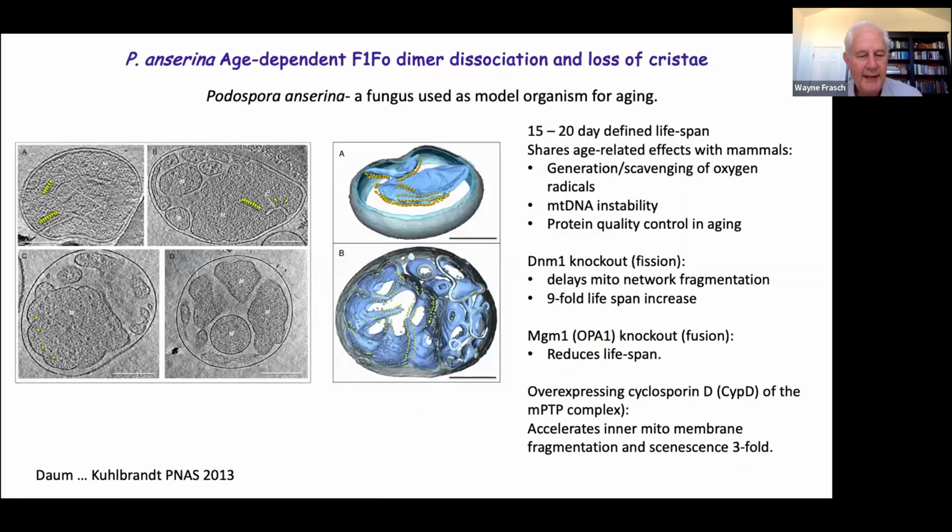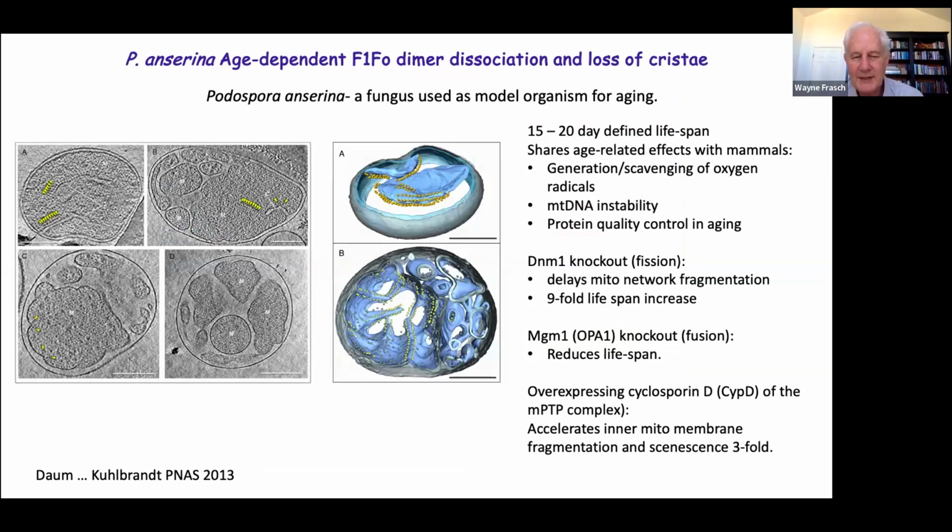All right, so now let me go back to Werner Kulbrandt and his aging related studies by looking at the three-dimensional structure of mitochondria. And he first did this in an organism, Podospora anserina. It's a fungus that's used as a model organism for aging.